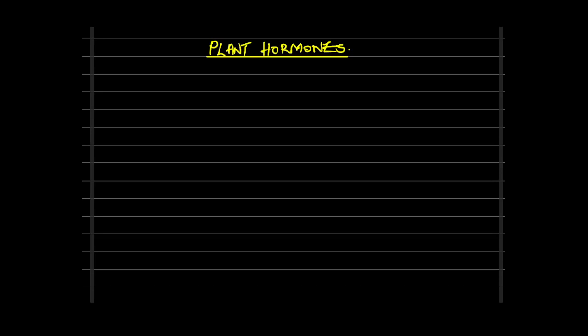So that is what we want to talk about today, plant hormones. If I may start, I will start this way. Plant hormones are naturally occurring organic substances, or molecules rather, that can influence, either increase or decrease, physiological processes.